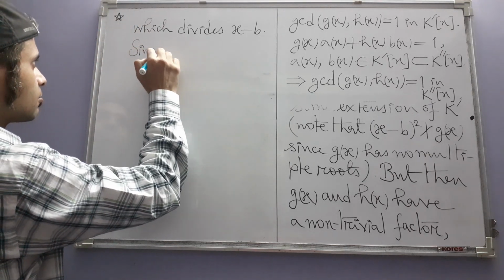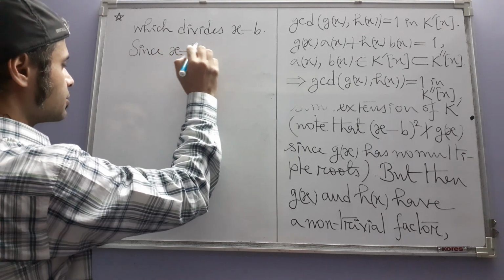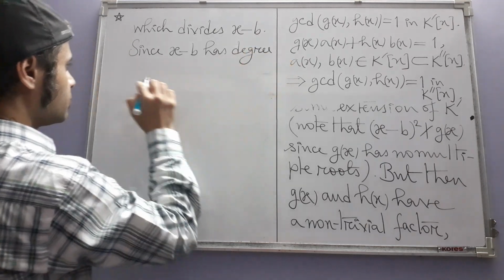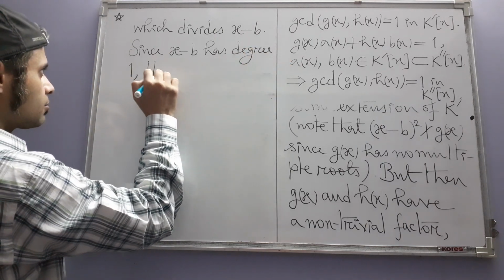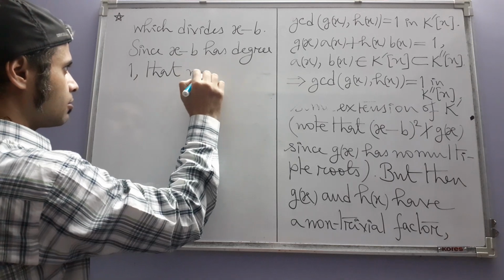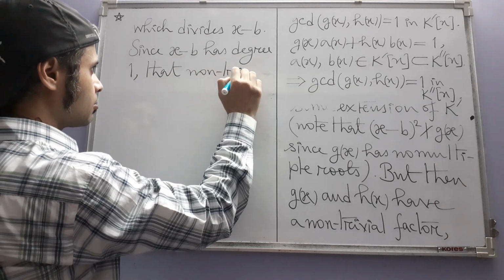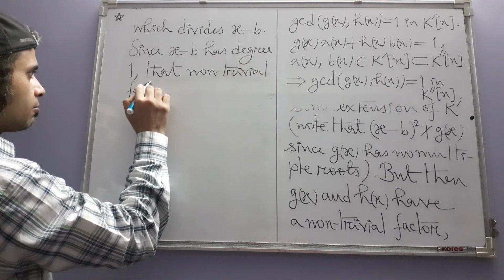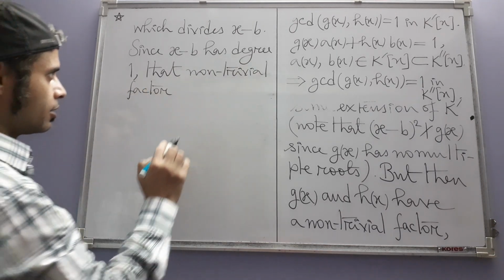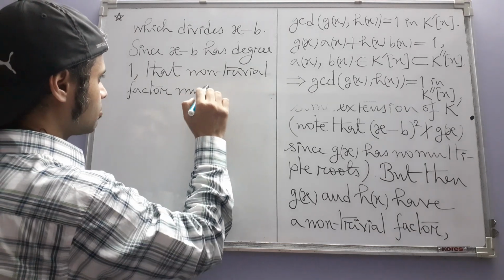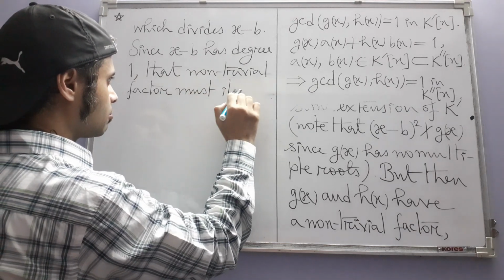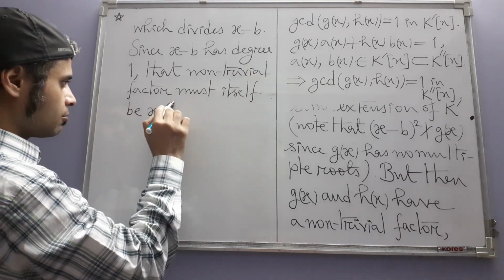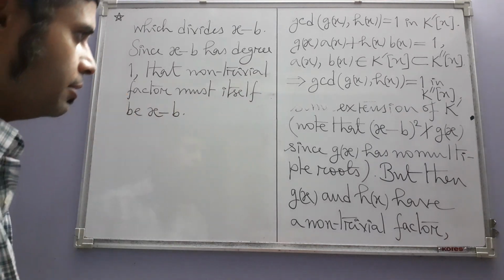Since x minus b has degree 1, that non-trivial factor must itself be x minus b.